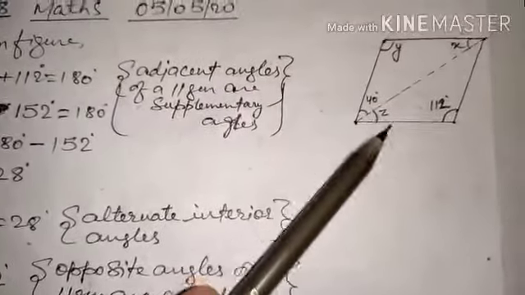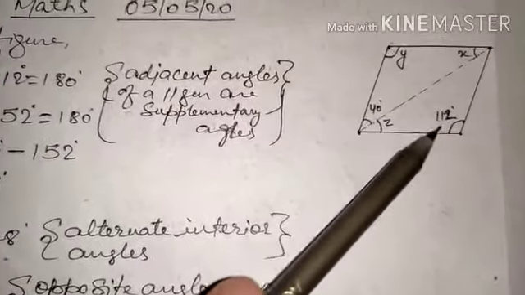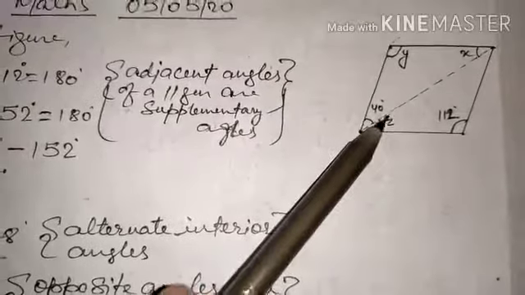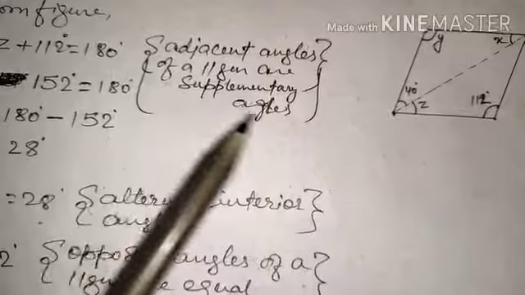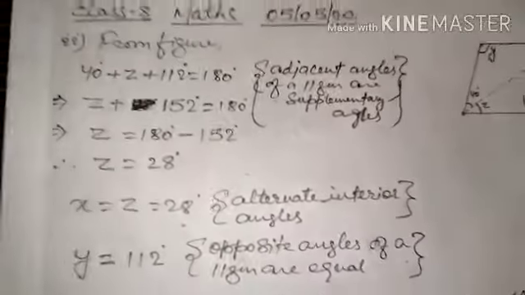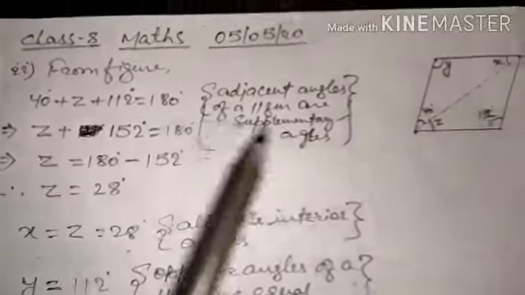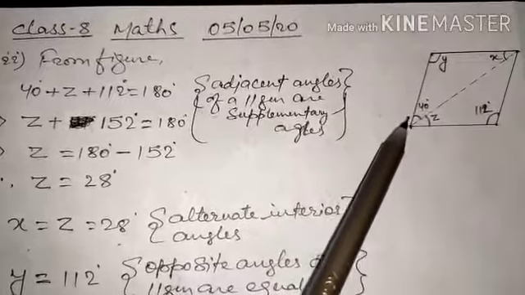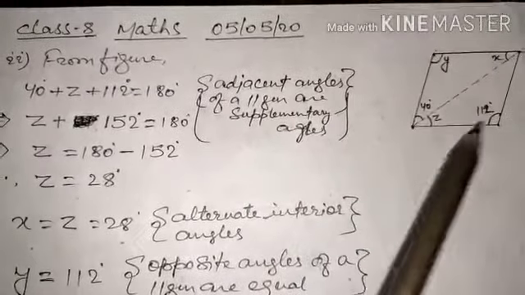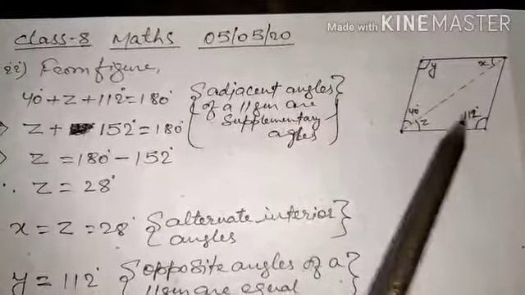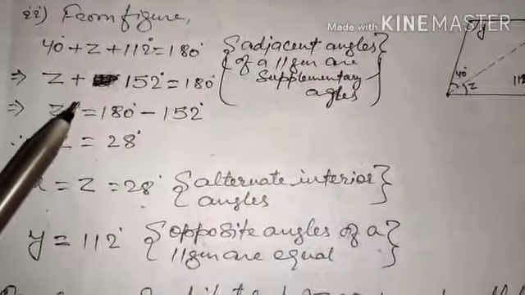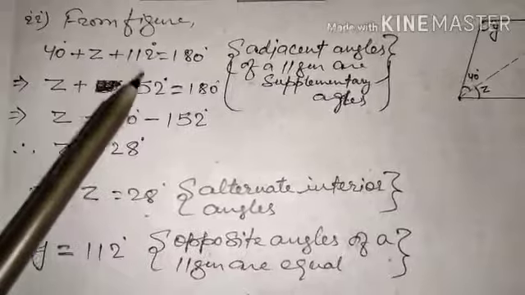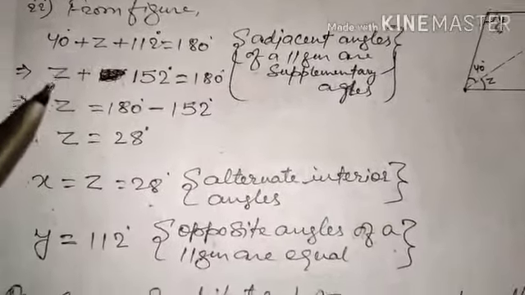See this angle and this angle, these two are adjacent angles, so they must be supplementary to each other. Adjacent angles of a parallelogram are supplementary angles, so that only I had used. Since this is the combination of 40 and z, that's why I wrote 40 plus z. So the sum must be equal to 180 degrees. So 40 plus z plus 112 is equal to 180 degrees.